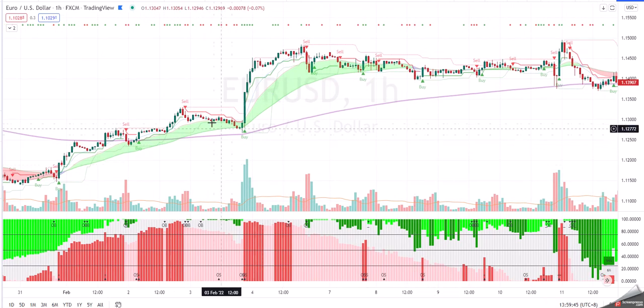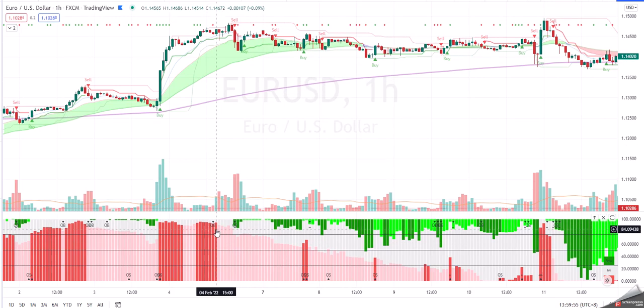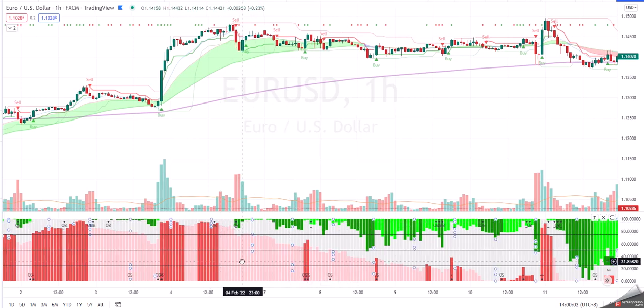If you want to trade for very quick profit, you can short until it turns strong red over here. From strong red to light red, and it's coming down, meaning that you can short. And if supported by the strong green bar over here, then it will be better.